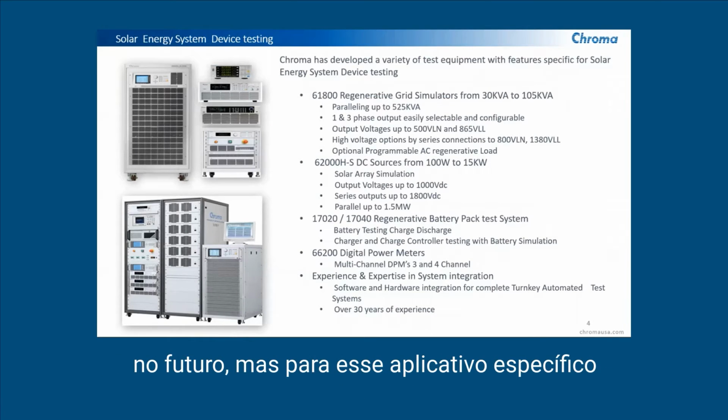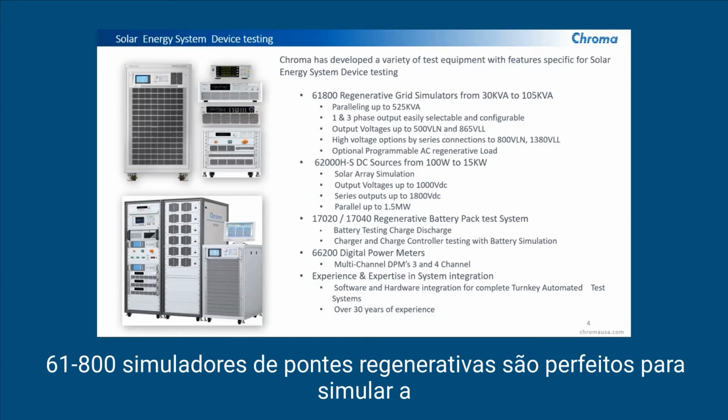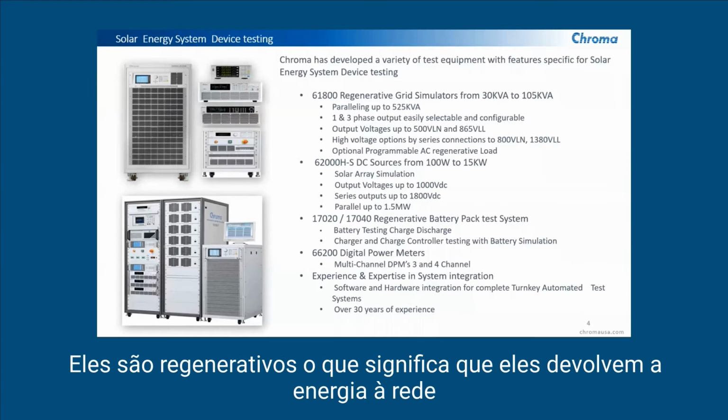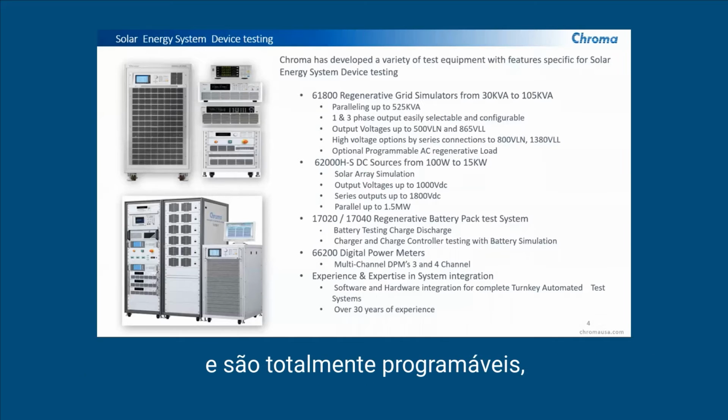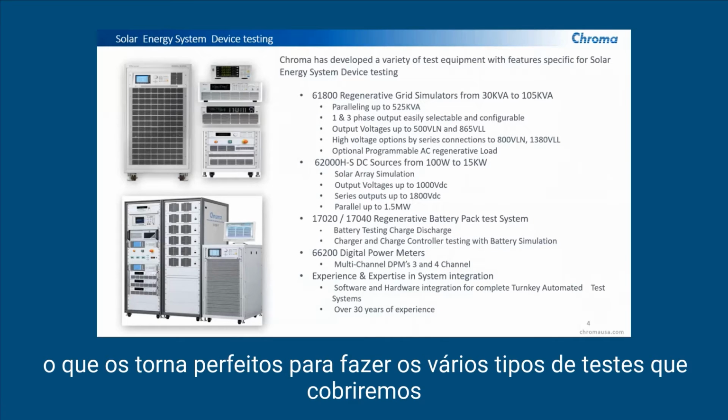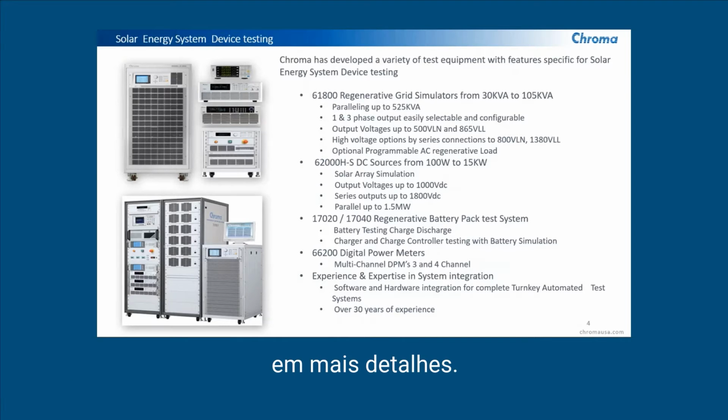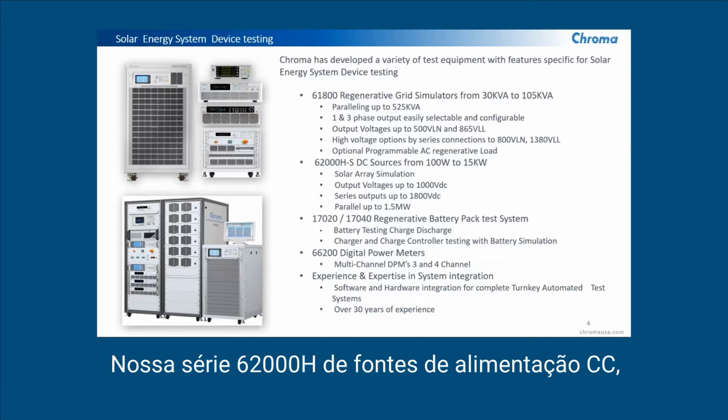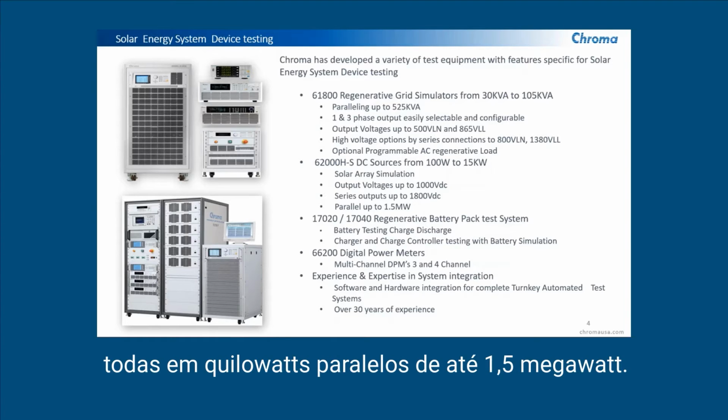But for this particular application, our 61800 regenerative grid simulators are perfect for simulating the grid. They're regenerative, meaning they can put power back onto the grid, and they're fully programmable, which makes them perfect for doing the various types of tests that we'll get into in more detail. Our 62000H series of DC power supplies go all the way up to 15 kilowatts, parallel up to 1.5 megawatts.